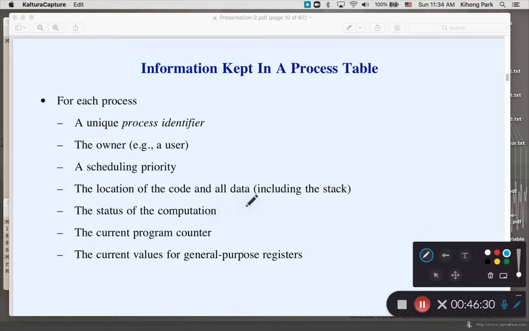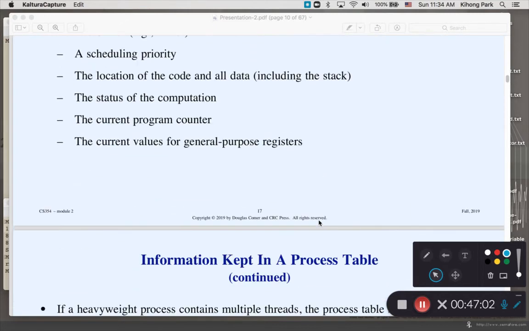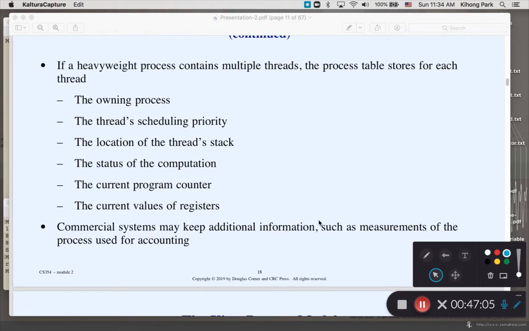We noted the EFLAGS register that you will be using a bunch in x86. So this is one of the statuses of what's going on, the flags, the bits contained therein, the program counter, obviously, and other register values. So these are some typical fields or items inside each PCB or each row of a process table. And then if it has, of course, multiple threads, then you have more layering going on with, again, similar information.